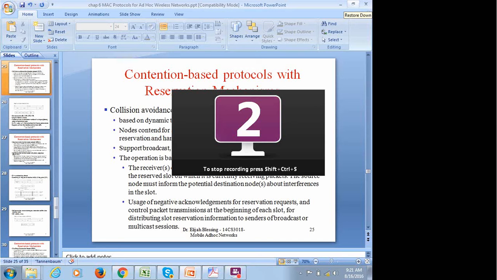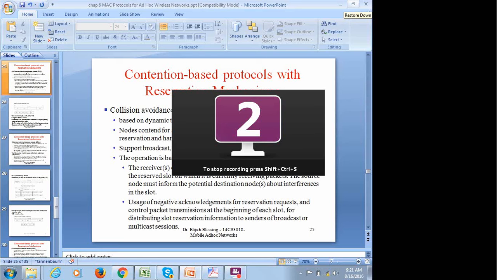Then the destination node should inform all the potential source nodes that the slot is reserved, or the slot is busy. On the other hand, the source node should also inform all the potential receiving nodes that there is certain interference or there is a certain reservation in the particular slot. Are you getting it? So there are two ways of looking at it.